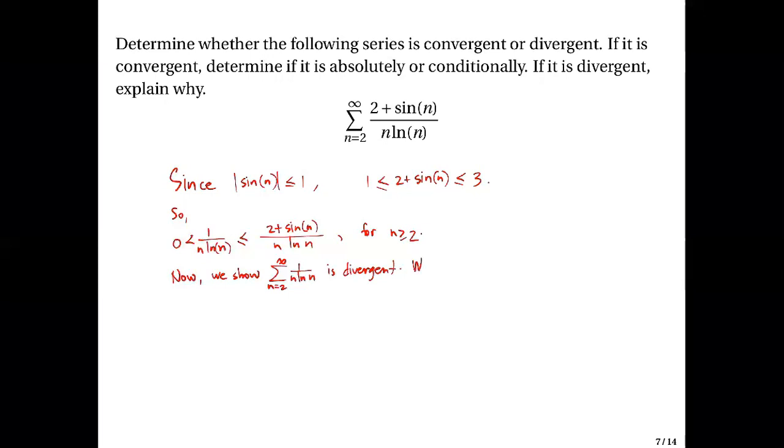We use integral test. So let f of x equal 1 over x ln of x for x greater than or equal to 2.